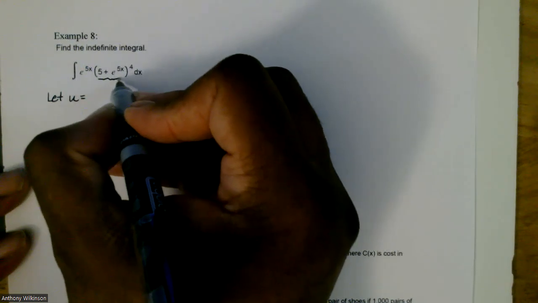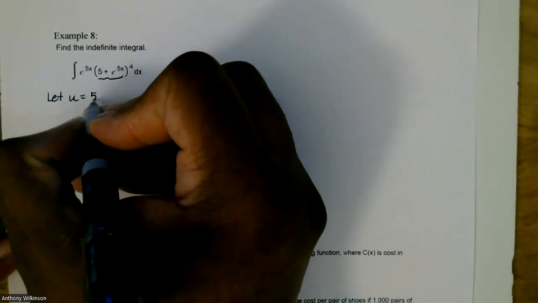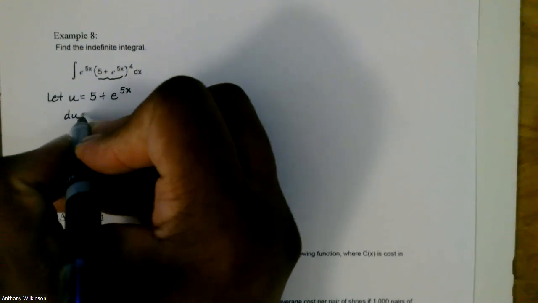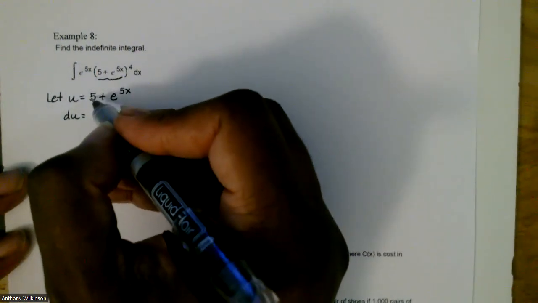So here I'm going to let u equal to what's in this parentheses here, 5 plus e to the 5x. And then du would be this. The derivative of 5 is 0.